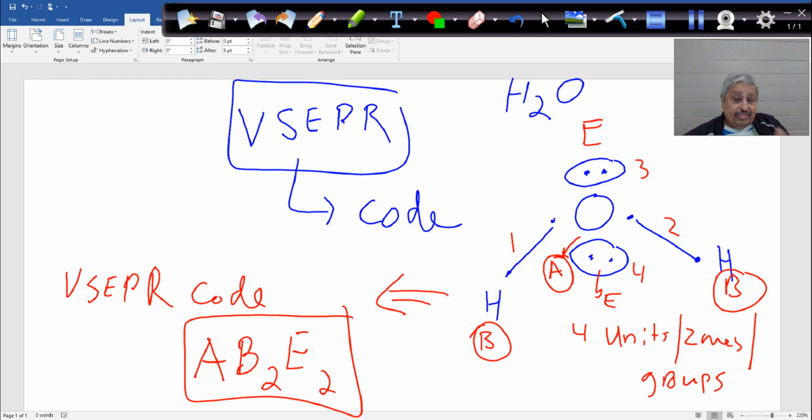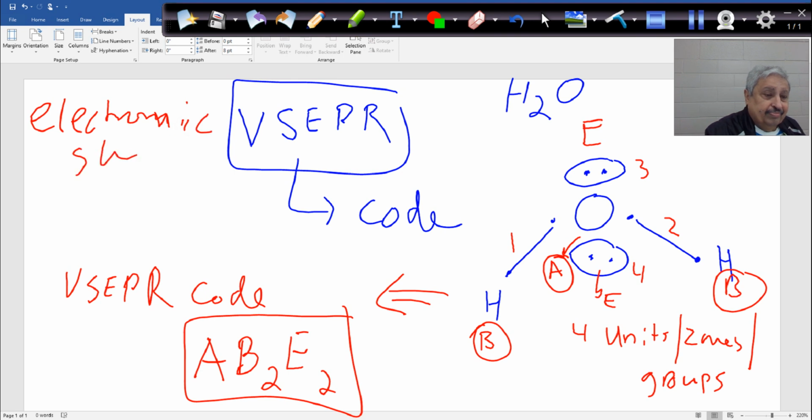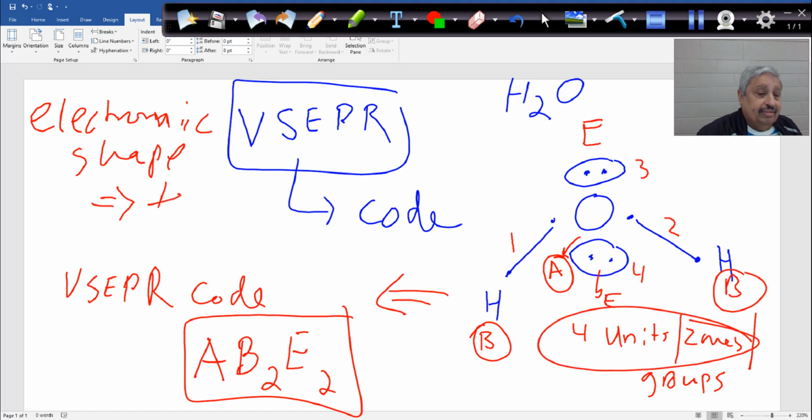If I consider the electronic shape, how many zones do we have? 4. That's tetrahedral. So the electronic shape for 4 zones is always tetrahedral.